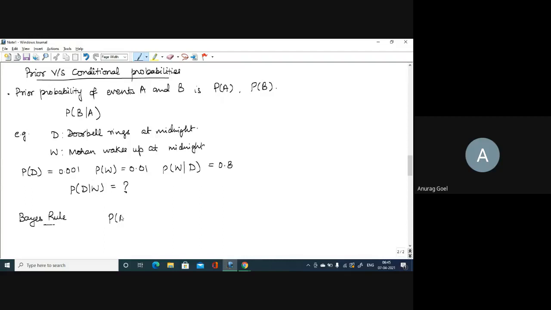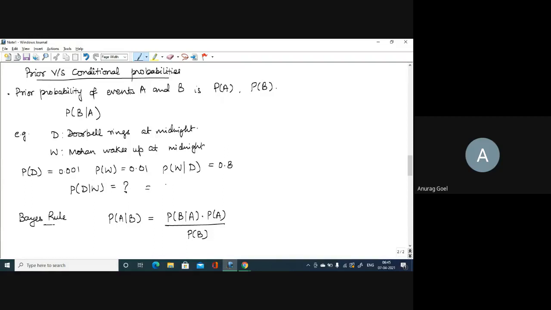So what does Bayes rule say? Bayes rule says that P of A given B is equal to P of B given A into PA, divided by PB. So using this Bayes rule, how can we calculate this?